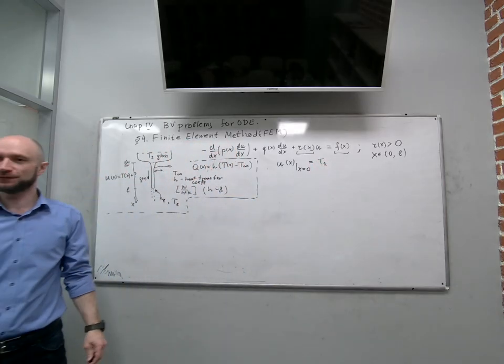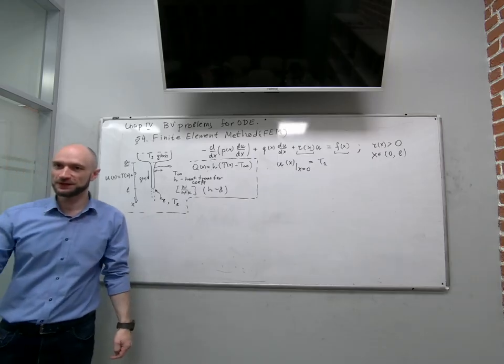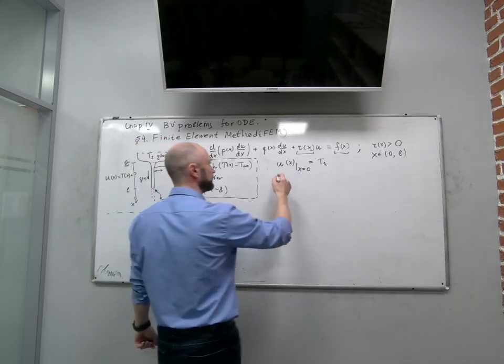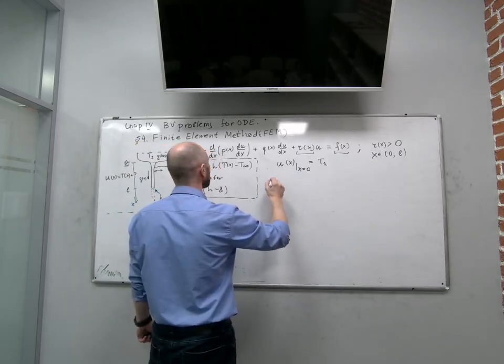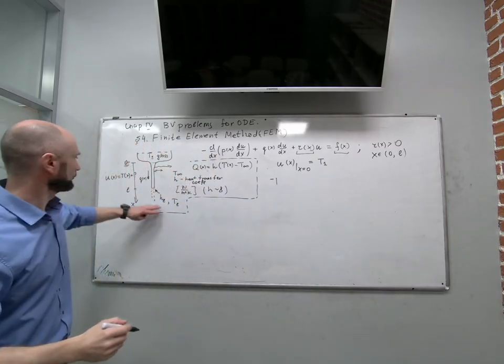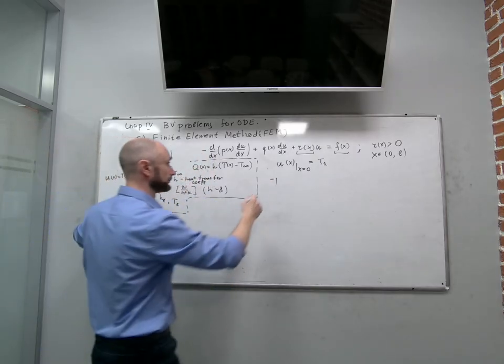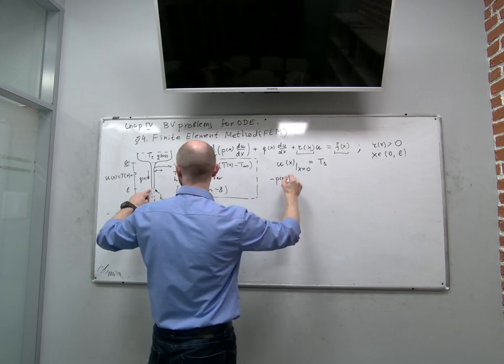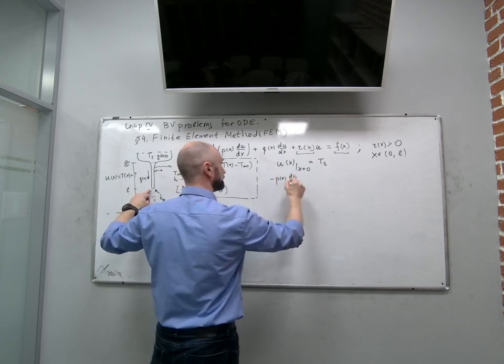So it is the first type boundary condition, the fixed value of the function that we are searching for. On the other end, we have the following condition.